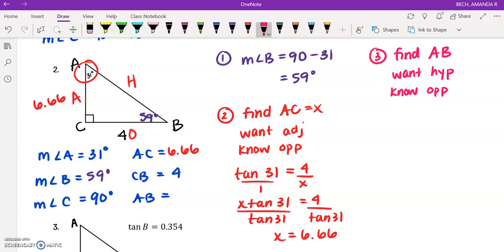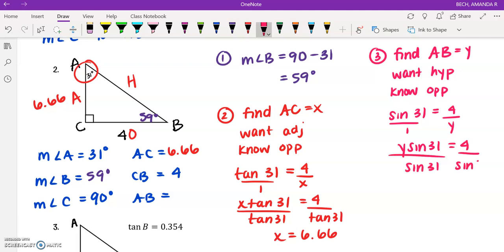Opposite and hypotenuse go with sine. So the sine of 31 is equal to the opposite over the hypotenuse. I'm going to call it y. We'll solve this equation. We get 7.77.